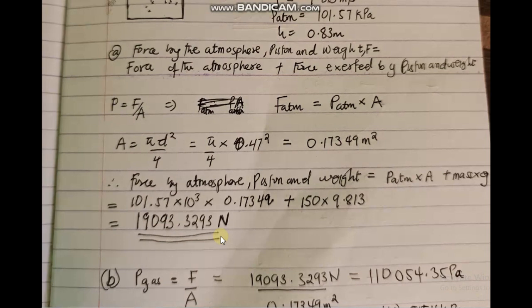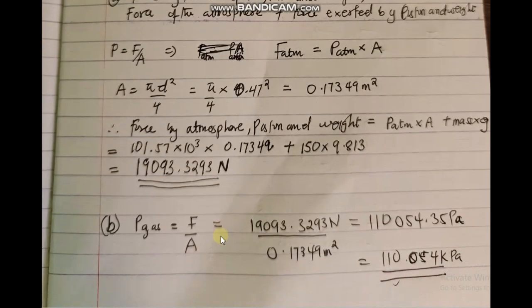Then let's look at the next question. The next question says, what is the pressure of the gas in kilopascal? Okay, the pressure of the gas will be equal to the force exerted on the gas divided by area. And we know that the force exerted on the gas is equal to 19,093.3293 newton, divided by the area of the cylinder, which is equal to 0.17349 meters squared.